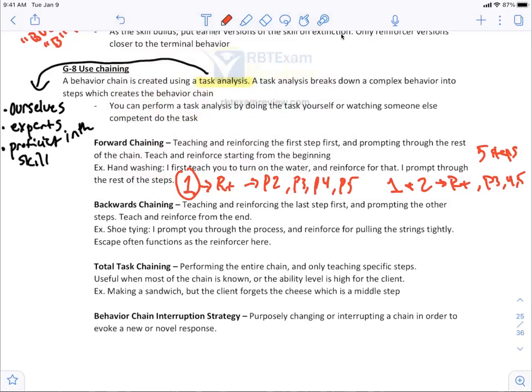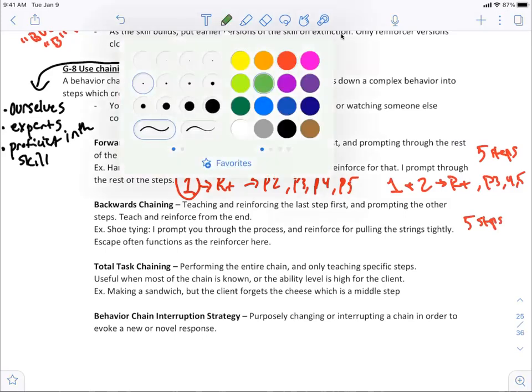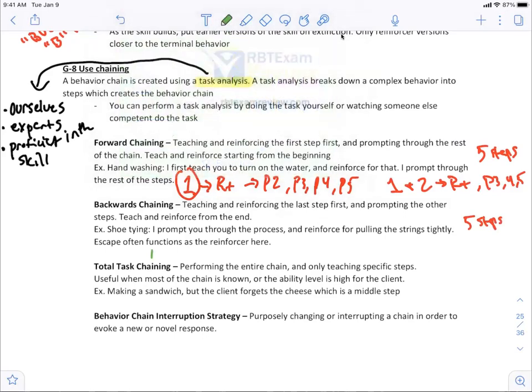Backwards chaining, opposite, 5 steps. Okay, let's do a different color. 5 steps. What are we going to do? Prompt 1, 2, 3, 4. We need step 5 to happen. All right. So prompt, prompt, prompt. They actually have to perform 5 and then reinforce.